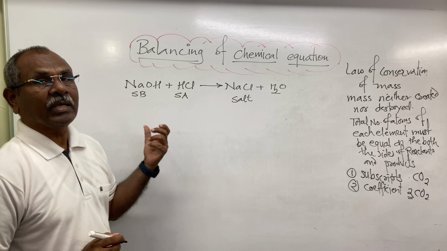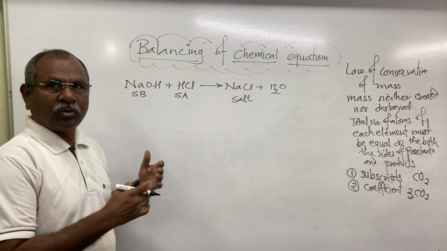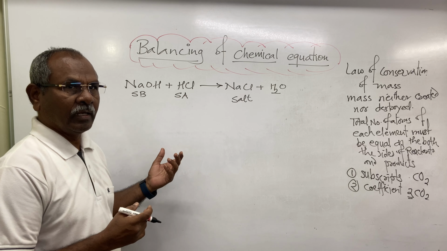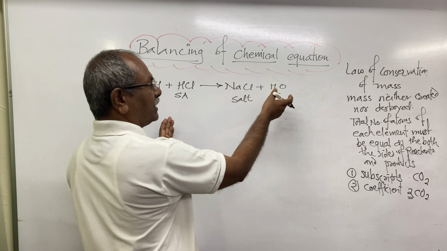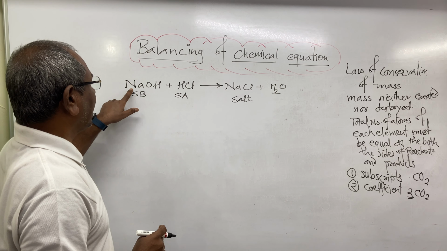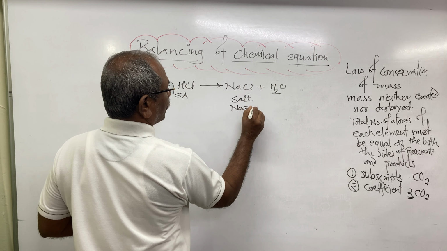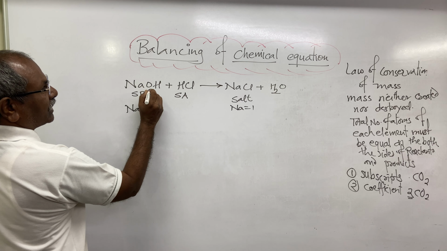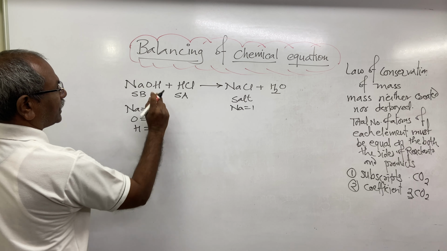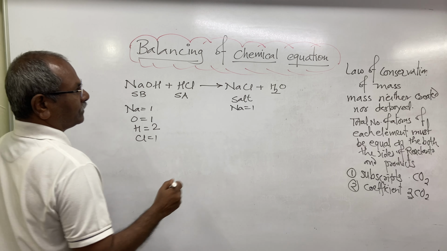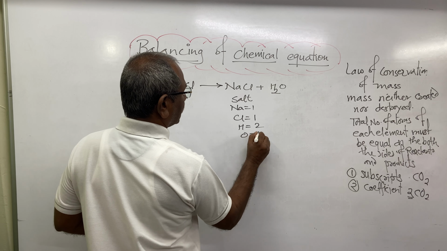Now you have to balance this chemical reaction. So while balancing any chemical reaction, you have to balance step by step. First, count the number of atoms from the reactant side as well as the product side. Here Na is equal to 1, here Na is equal to 1. Oxygen 1, hydrogen 1 plus 1, 2, and Cl is equal to 1. Here Cl 1, hydrogen 2 and oxygen 1.